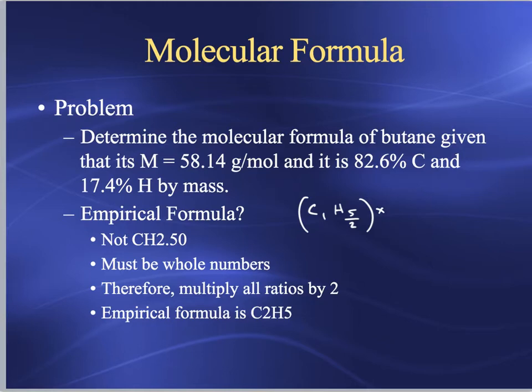That would give us C2H5. Now this would be your empirical formula. The simplest whole number ratio, 2 to 5, 2 carbons for every 5 hydrogens. So that's actually what the empirical formula is, not this right here.